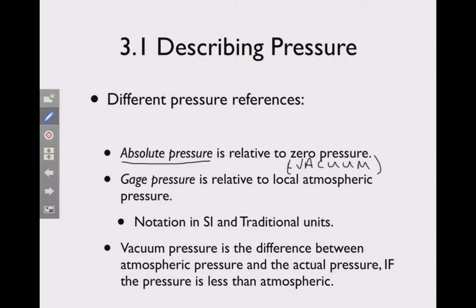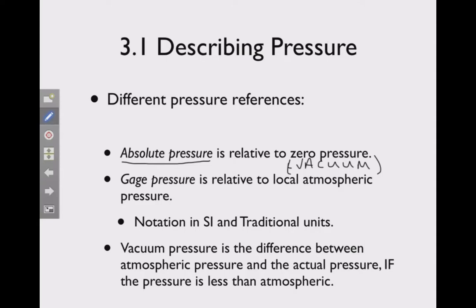This is kind of similar to the absolute temperature scale, Kelvin, where absolute temperature is zero when all molecular motion stops. So we'll have zero pressure when there are no molecules in the volume that we're considering. So that's absolute pressure. And for instance, atmospheric pressure is an absolute pressure.